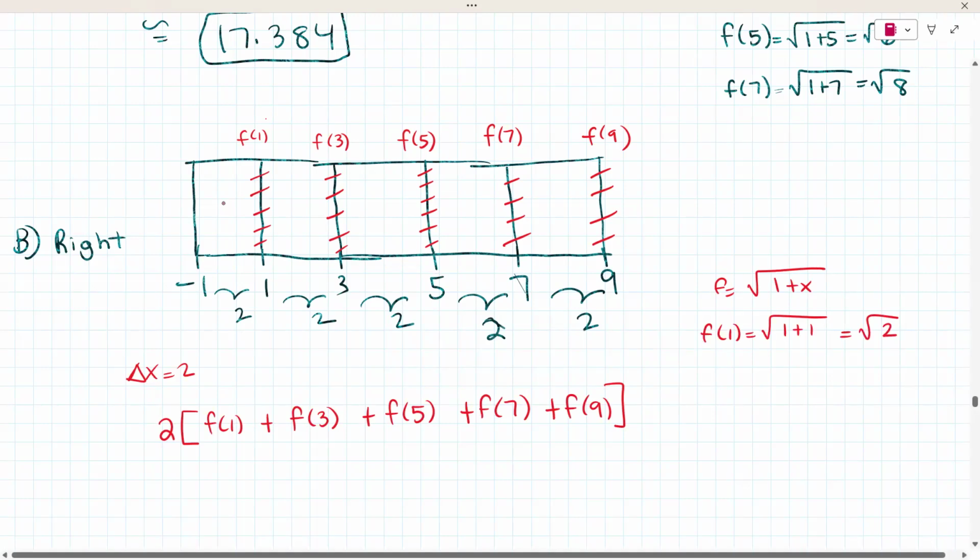And then if I do f of 3, it's square root of 4, and that's 2.